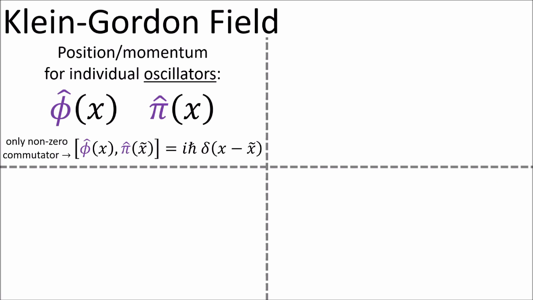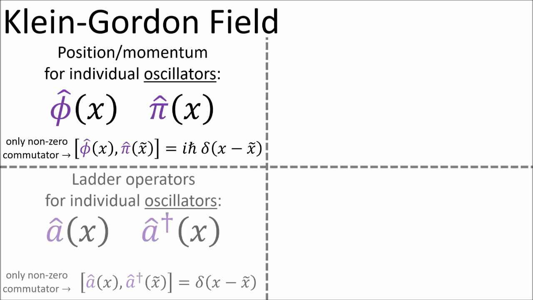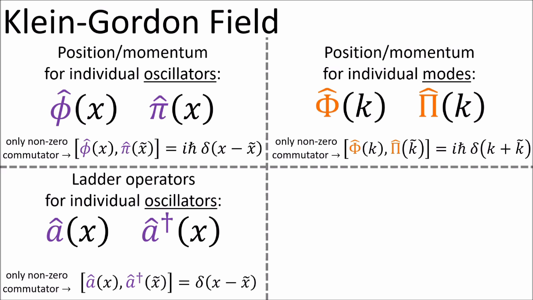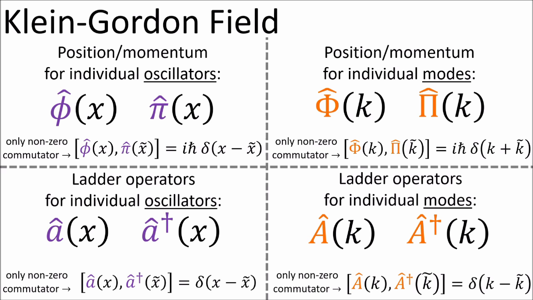So to sum up, we have position and momentum operators for each oscillator, phi and pi. We have the small a ladder operators for changing individual oscillator energy levels. We also have big phi and big pi operators for the normal mode positions and momenta. And we also have the big A ladder operators for changing energy levels of the normal modes.